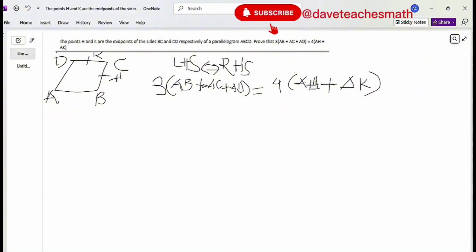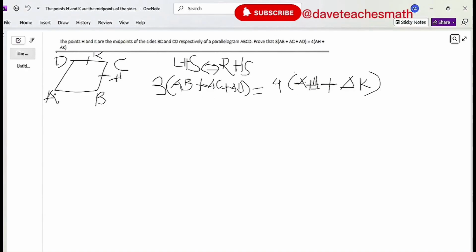Once we have something to prove like this, what we are looking at doing is figuring out what is on the left hand side and what is on the right hand side, and how you can express them to look like each other. On the left hand side we have AB, AC, AD, and on the right hand side we have AH and AK. It's much easier to express dependent vectors in the independent form.